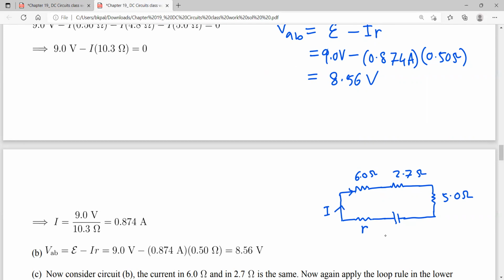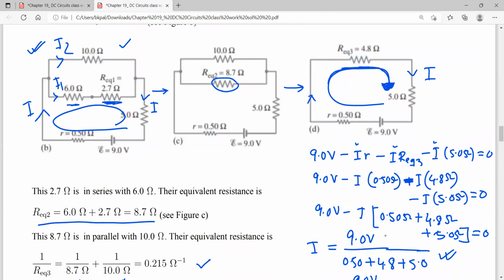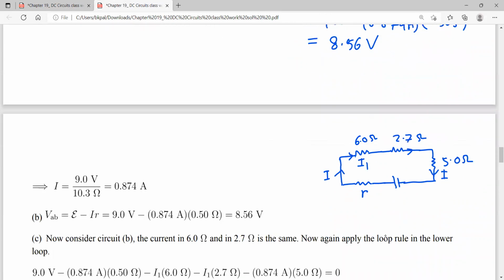So this will be I1, and this is also I1, but here again it will be I. You can go back to the circuit and see that here it is I, here it is I1, here it is I1, and here it is again I. So you have to be careful here.